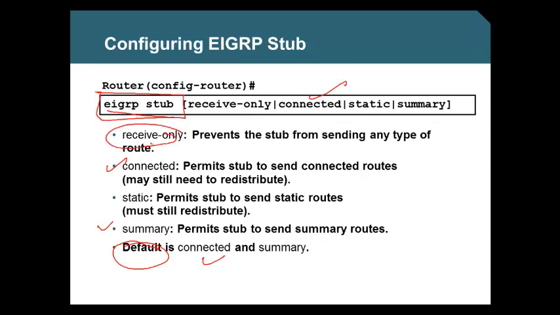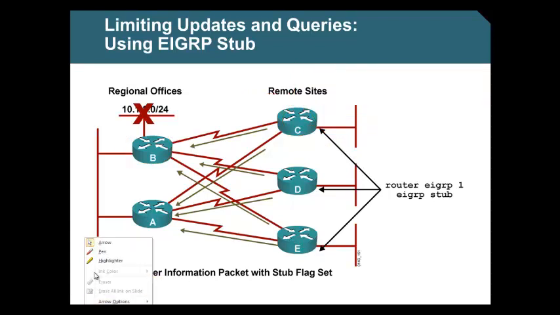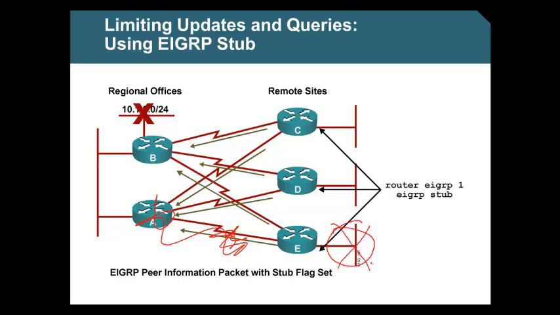Receive only. See, assume that E router is connected only to B, and there is no LAN network.